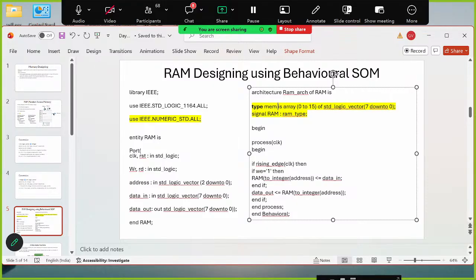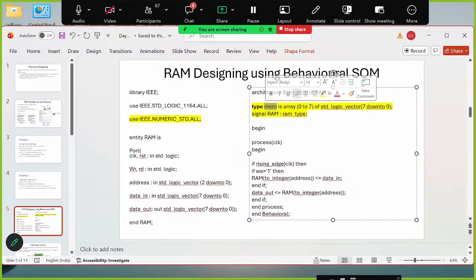Type mem is array 0 to 7, meaning there are 8 locations. Array means I want to create an 8-location array, and every location can store 8 bits of data. So this is an 8 into 8 logic. So I have created a data type of mem type.